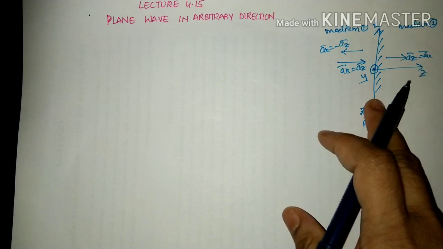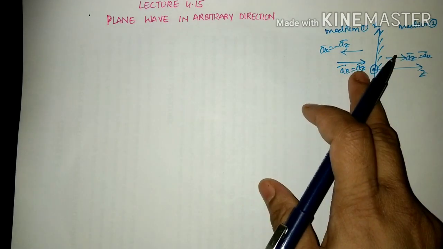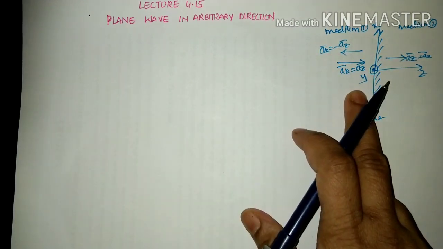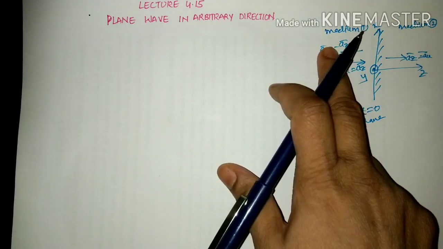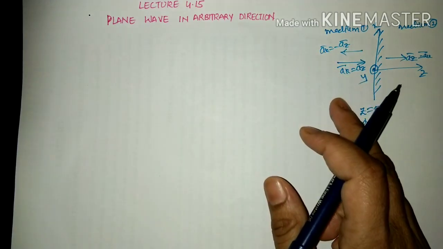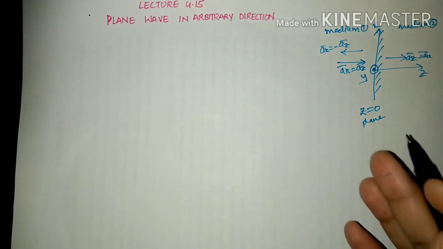Since we already know the mathematical expression for the electromagnetic wave propagating along the positive or negative z direction, we have determined the relation between the incident wave and the transmitted and reflected waves. For the present case, the wave is not propagating in the positive z direction.